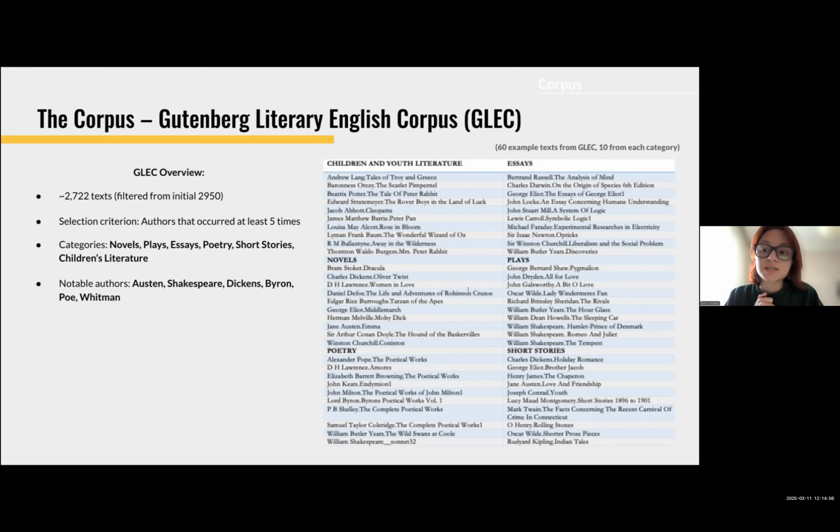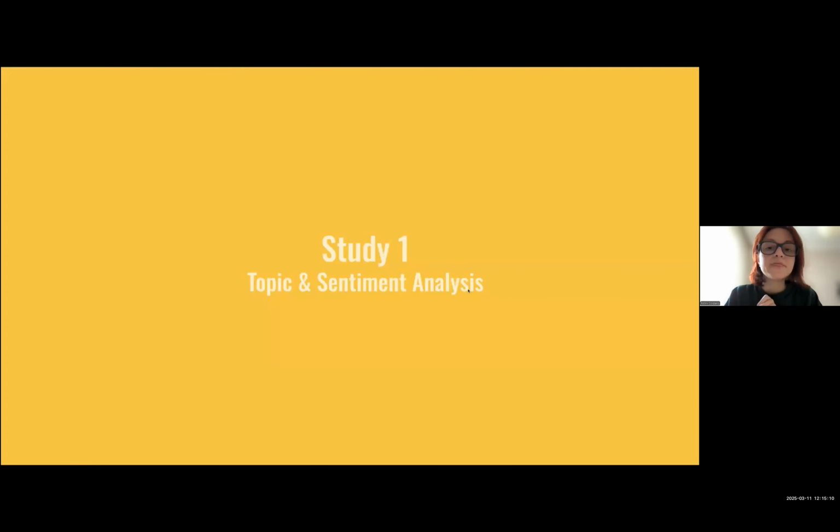Since this was necessary to enable the standard 5-fold cross-validation procedure for the machine learning part, the selected texts were pre-processed. They applied tokenization, lemmatization, and removal of stop words. The first study focuses on extracting themes and emotions from texts. The authors applied topic modeling to discover dominant themes in each category and used sentiment analysis to evaluate the emotional content of each theme.